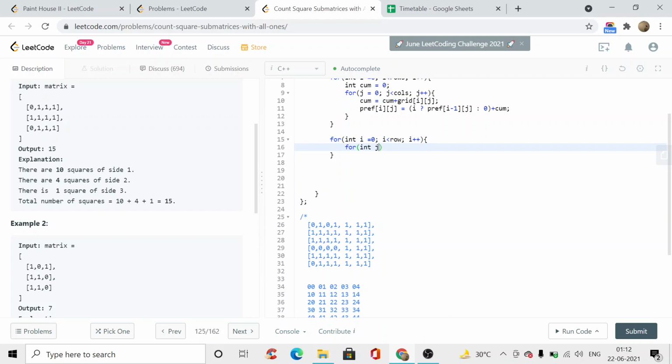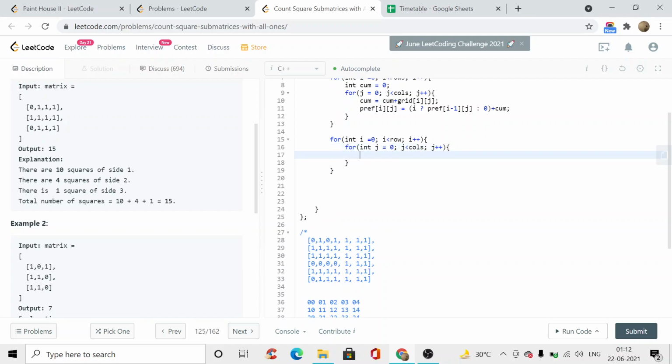So let's move on with each value. For int j equals 0, j less than or equal to j, j plus plus. And then when I'm at each value, I'll find the largest square that could be formed over here, which is the minimum of i comma j, plus 1.